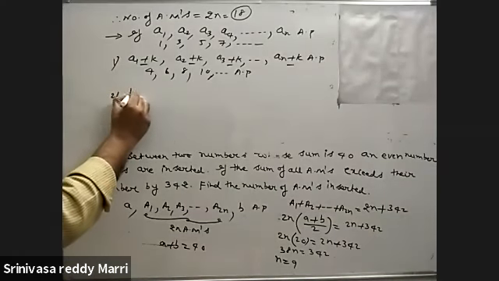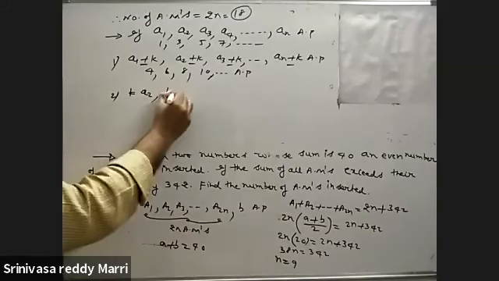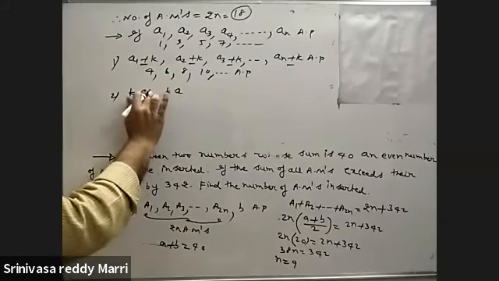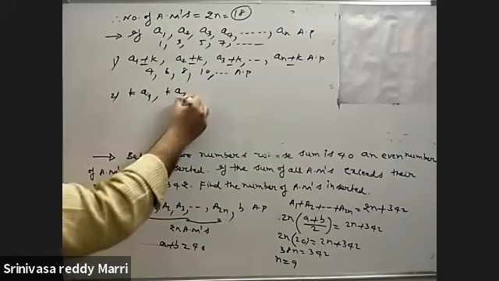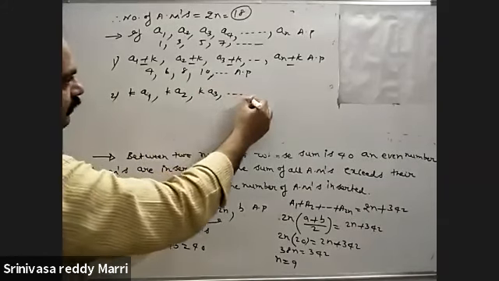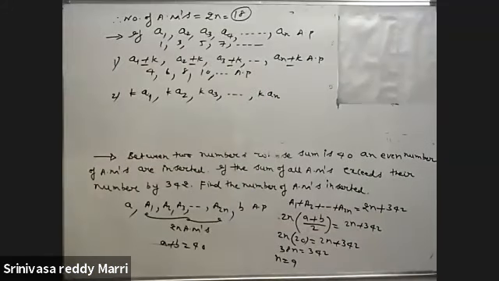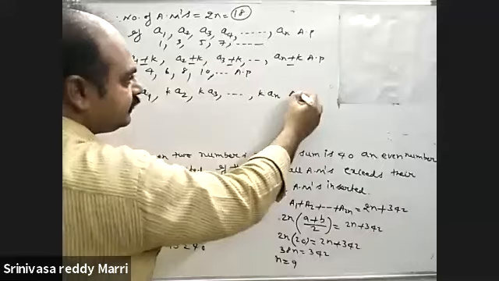Number 2. If we multiply a constant to all the numbers, they will also form an AP.